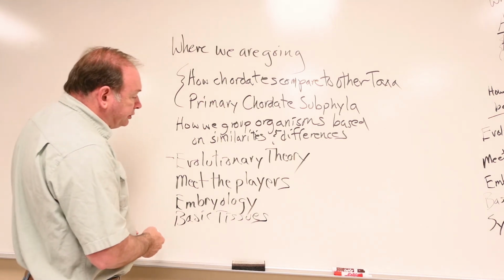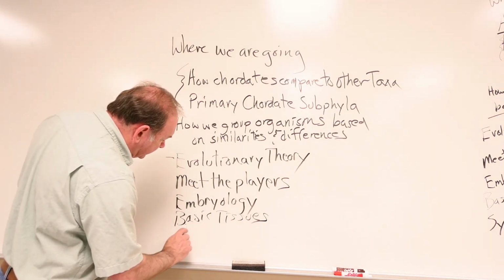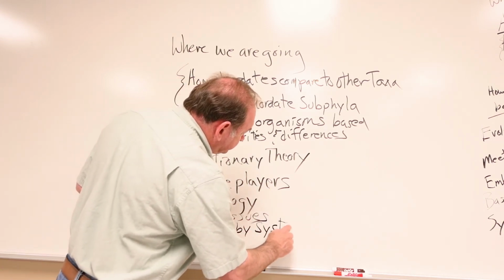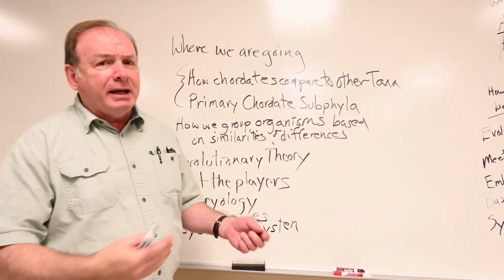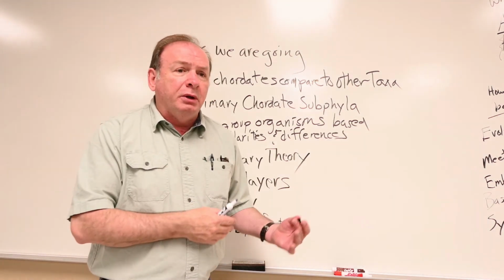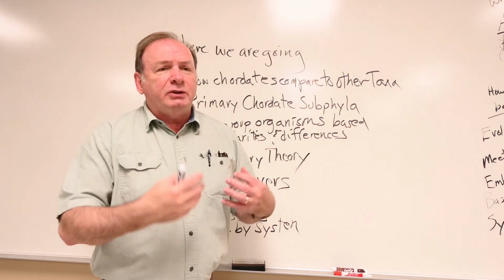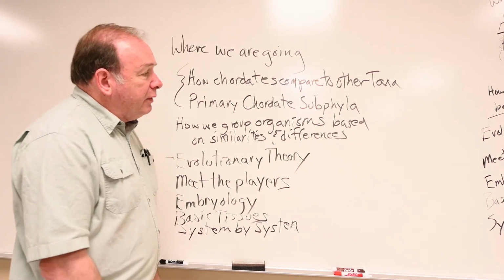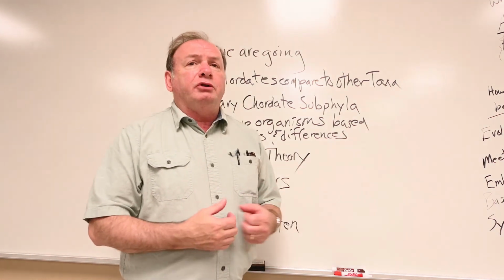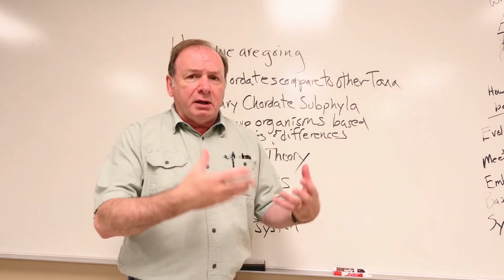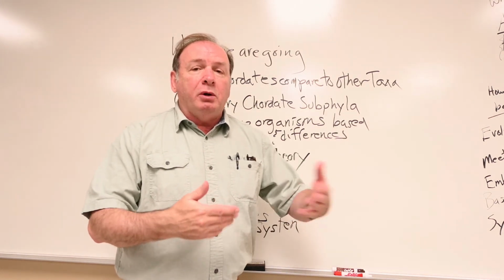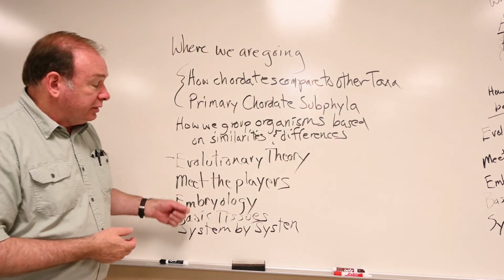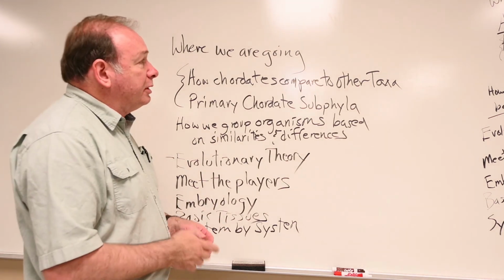And then we'll go through system by system, looking at the different body systems. Starting with the integument and talking about the skeletal system, the digestive and respiratory system, circulatory, urinary, reproductive, do all the different systems of the body, and then we'll do each of those beginning as a human study, looking at the human structure, and then we'll go back and we'll look at the other taxa and how their structures are similar or different to what we talked about with human anatomy.